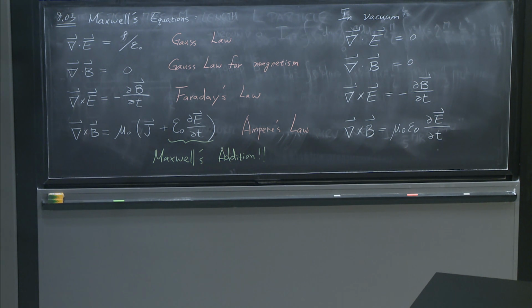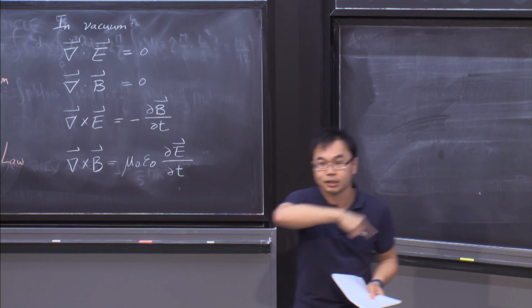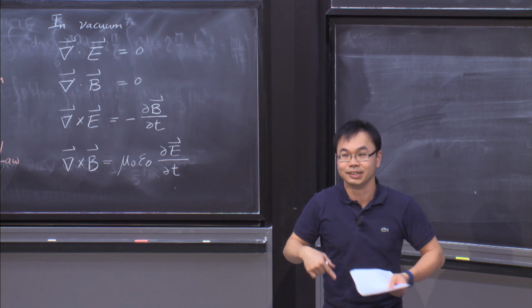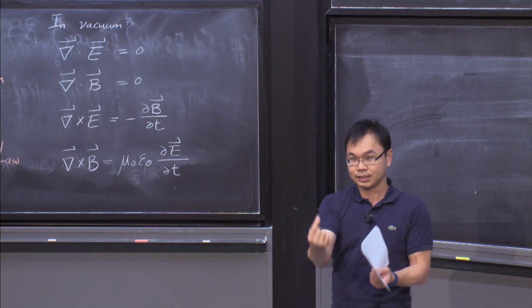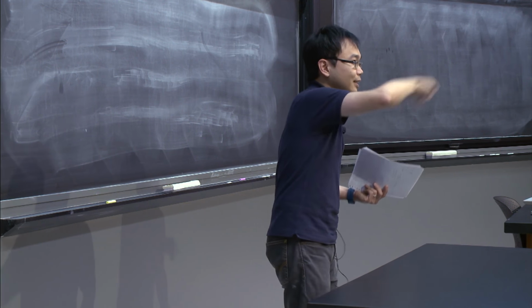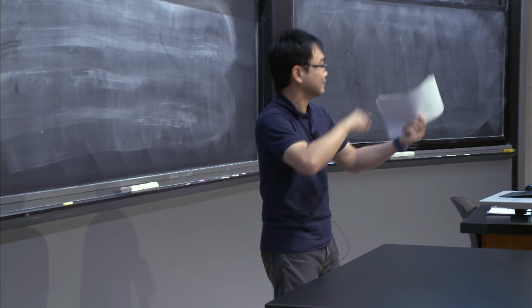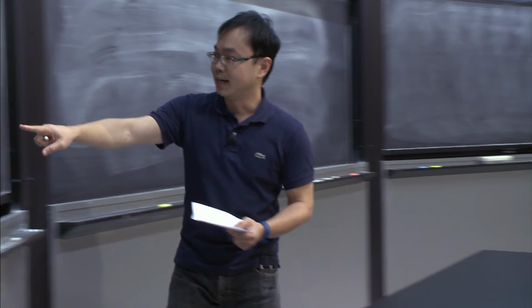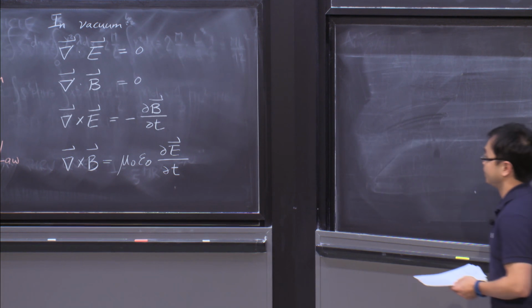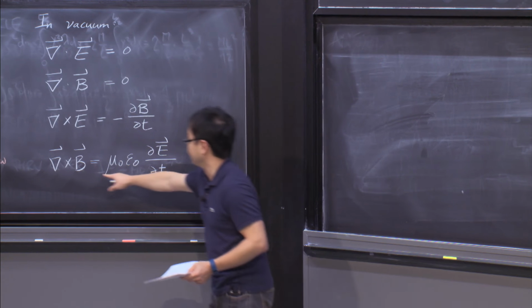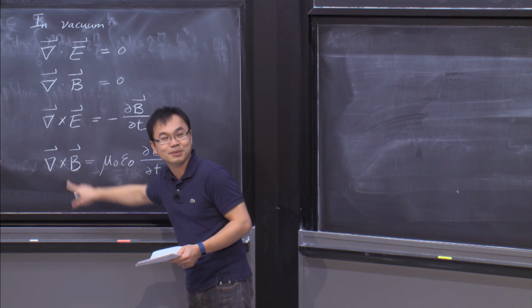That means if you change the magnitude of the magnetic field, that will introduce a curling around in the E field. So if you change the size of the B field, then the E field will start to curl around, doing this. And on the other hand, if you change the electric field, then that will induce something which is curling around in the B field.